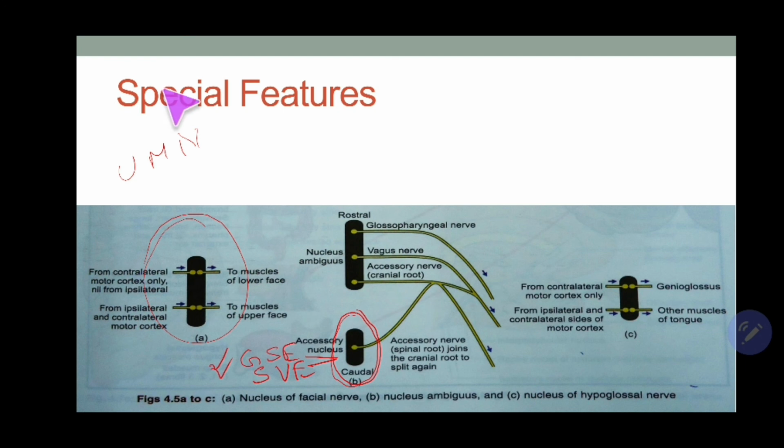At which point? Where does it join? This point of junction is important. So the cranial accessory joins the vagus at the inferior ganglion of the vagus. Okay?